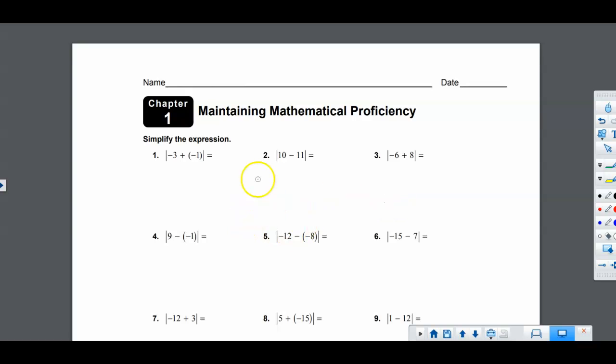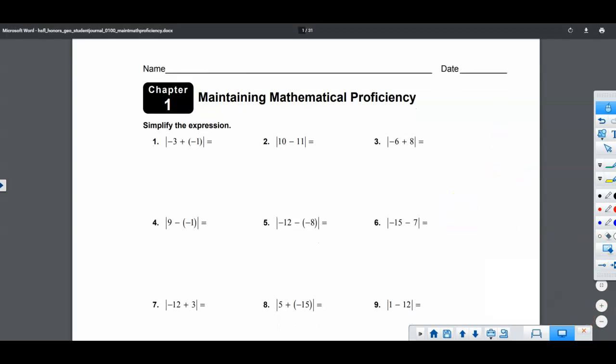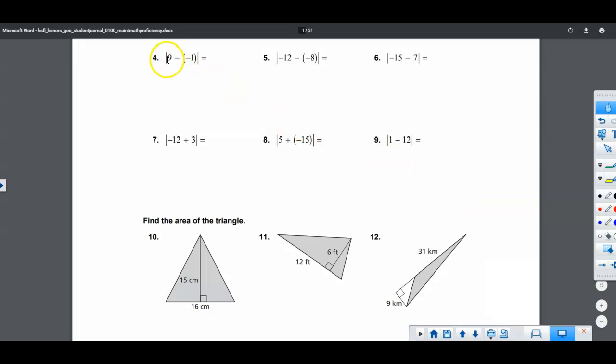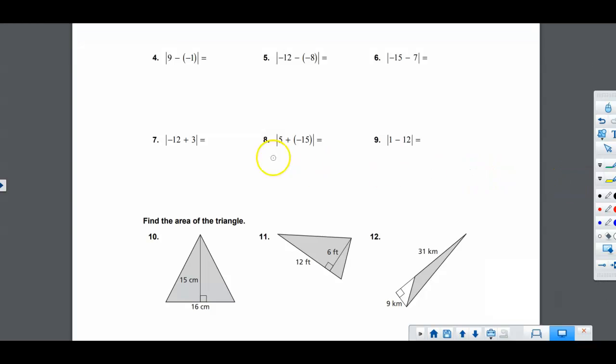I want you to finish this page, but I'm going to scroll down to number 4. Number 4 is a little bit tricky if you need a review of subtracting negative numbers.